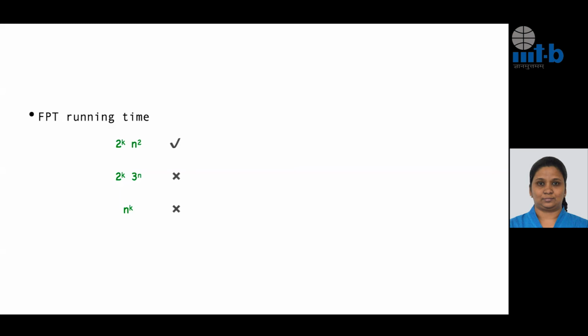Okay, so if you look at the FPT running time, the idea is, as I said, we are confining the combinatorial explosion to the parameter k. We have an exponential factor, but it's not exponential in n. So intuitively, when you are working with instances of size n and parameter k, such that k is much smaller than n, the FPT running time is a good running time.